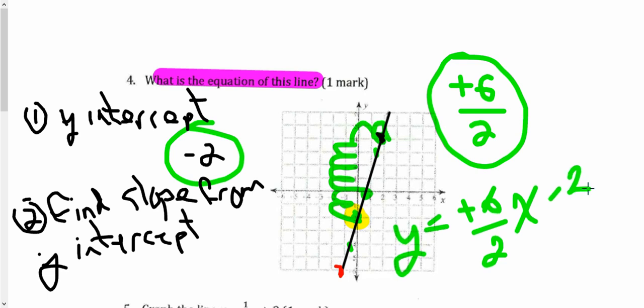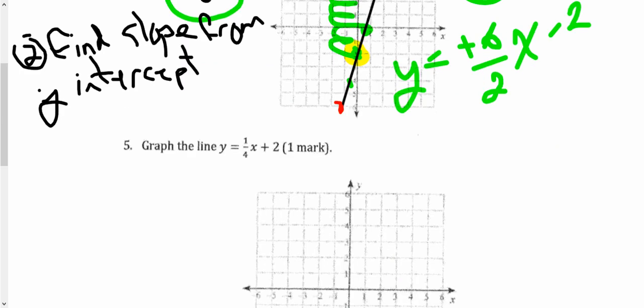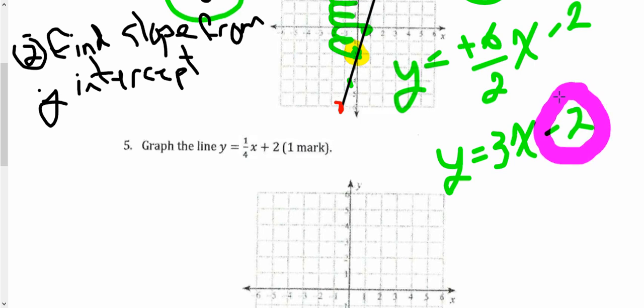Now, for the math kids in the room, you probably look at that and say, well, but Mr. Chambers, I can simplify that 6 over 2. Yeah, and 6 divided by 2 is 3, so I could even say y is equal to 3x minus 2. And this is my y-intercept at -2. And this was my slope. That's how I moved.